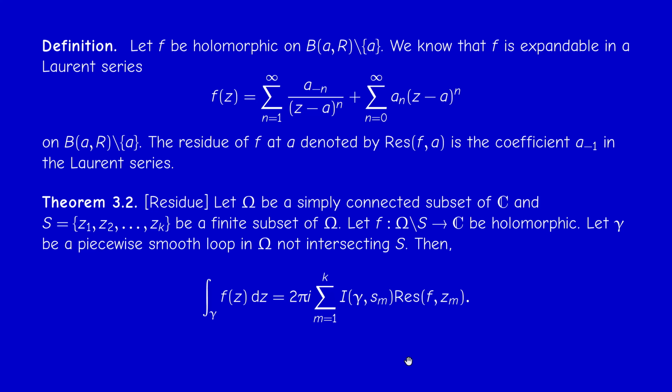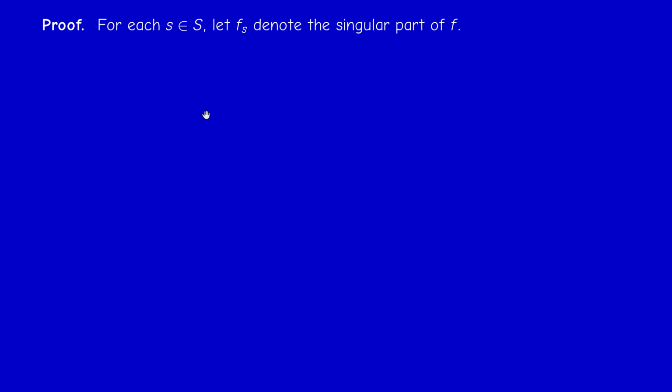Okay, so let us prove this theorem. For each s in the singular set, which is a finite set, let f sub s denote the singular part of f, because we can expand f on a neighborhood of each s as a Laurent series. So fs is the singular part.